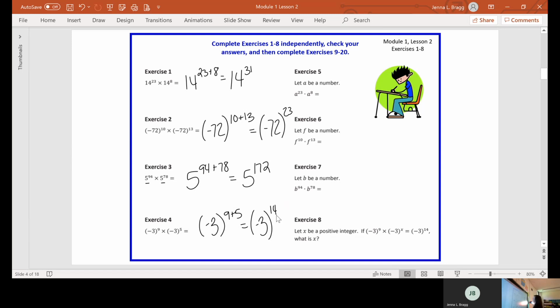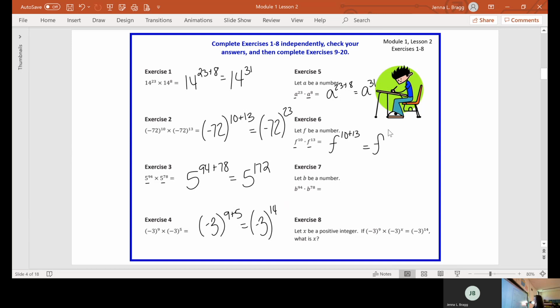Now when we get to exercise 5, it doesn't matter that the base is the letter A. It's still the same base. So we just transfer our letter over and add our exponents. And we get A to the 31st power. Exercise 6, both of my bases are F. So F, add your exponents.